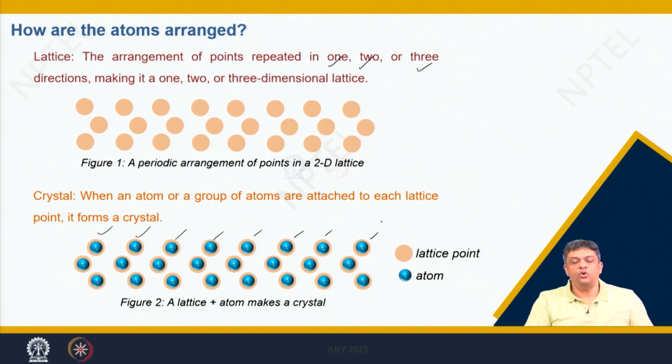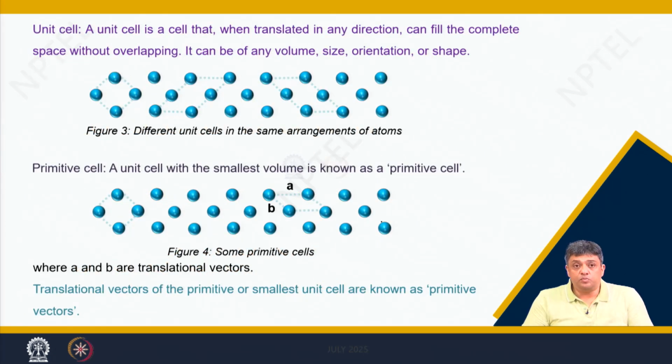Now comes the next point, which says what is a unit cell. A unit cell is the cell which, when translated in any direction, can fill the complete space without overlapping.